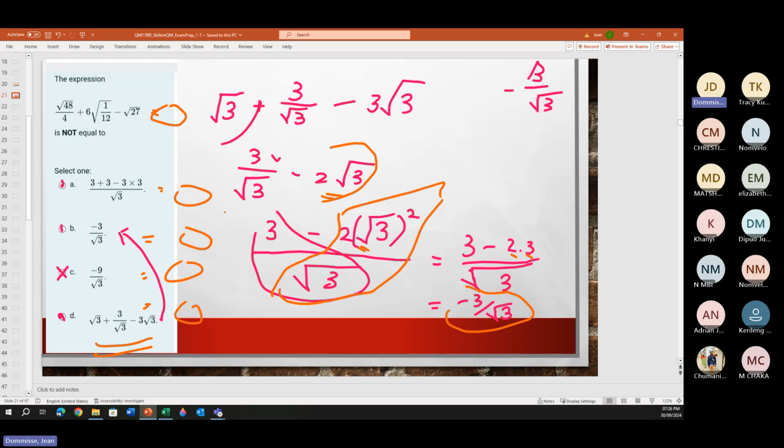If I was in the exam with a question like this, I would have worked this out with a calculator, see what my answer is, and for A, B, C, and D, I would have done the same, and then I would have selected the one that is not the similar answer.